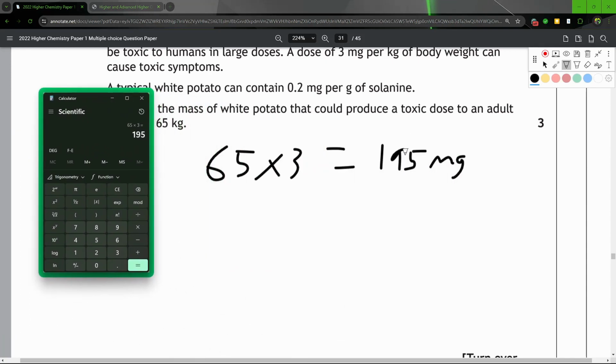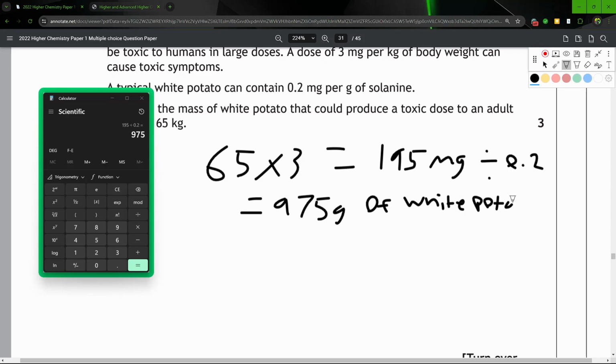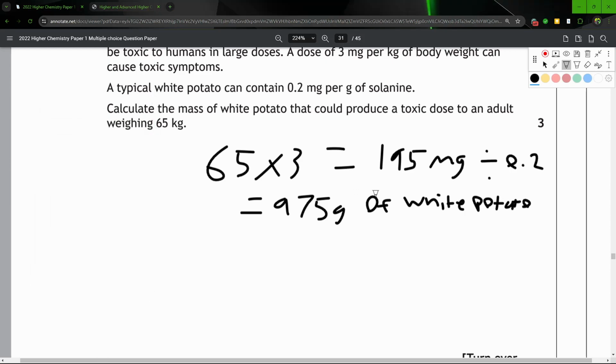Then what we're going to do is divide this by 0.2 and then give the number of grams. If I divide that by 0.2, I'll get the number of grams of white potato. And there we are.